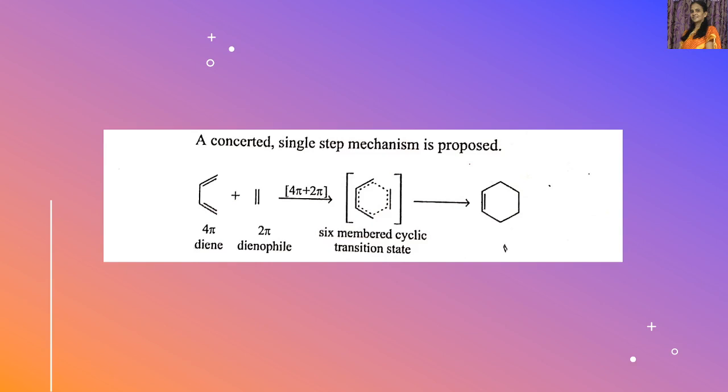With the help of these pi electrons, a bond is formed between this carbon and this carbon. And with the help of these two electrons, a bond is formed between this carbon and this carbon. This forms a sigma bond here and this forms a sigma bond here, and this pi bond shifts over towards these two carbon atoms. You can see here, this is the cyclic six-membered compound produced.